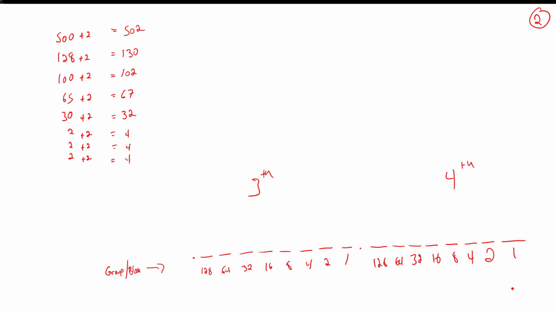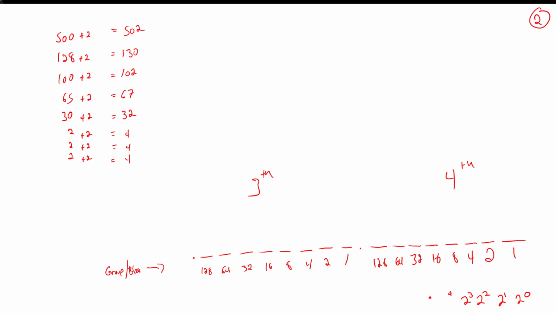Well, in reality, this is 2 to the power of 0, 2 to the power of 1, 2 to the power of 2, 2 to the power of 3, 2 to the power of 4, 2 to the power of 5, 2 to the power of 6, 2 to the power of 7. That's actually how we get our numbers. We just assume that they're doubling, but it's actually binary math, and they're in the 0 position, the 1 position, the 2 position. That's how we get that doubling effect.